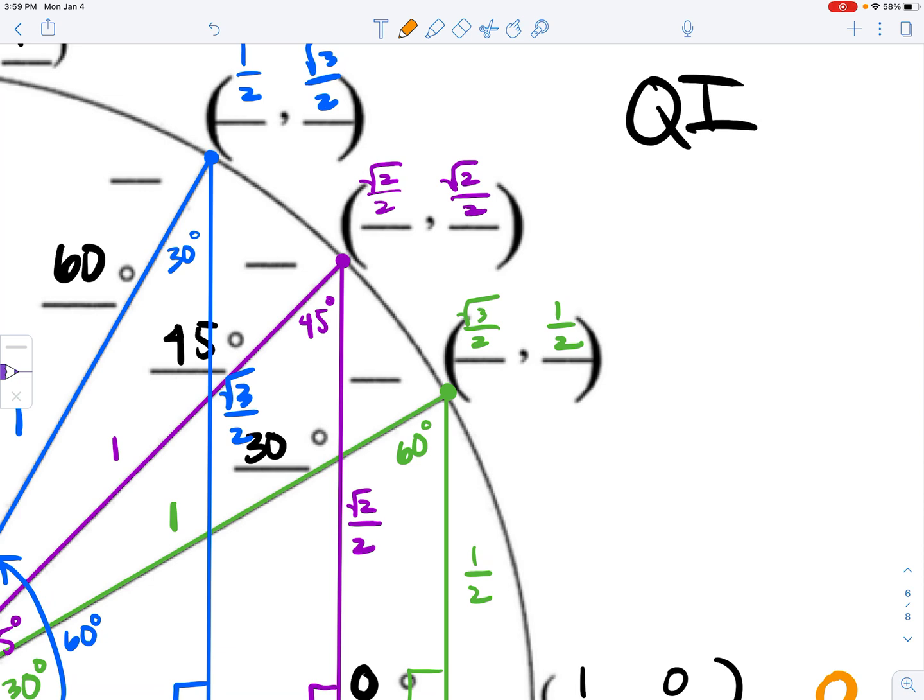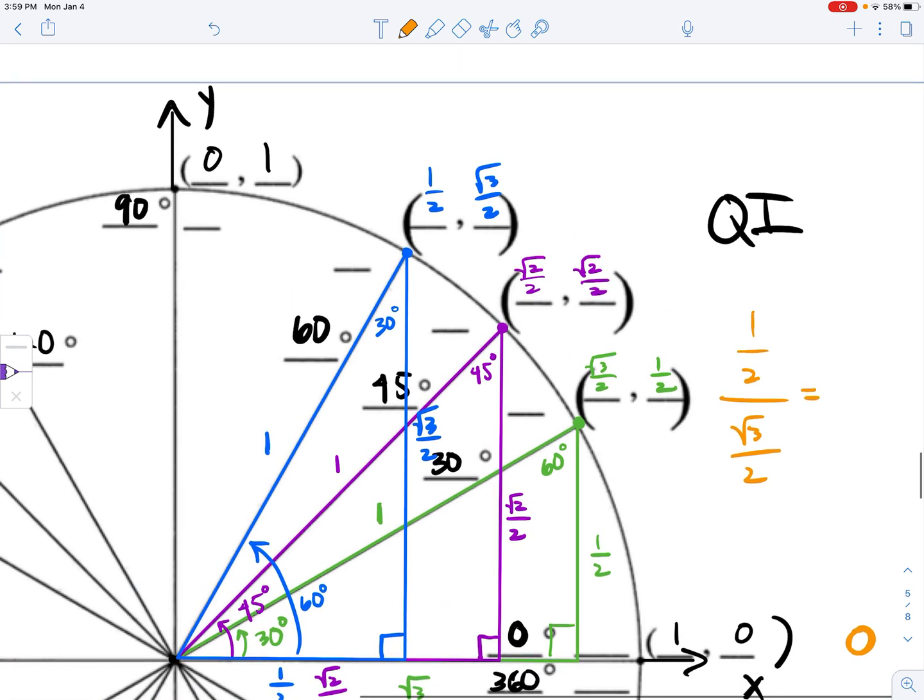So in orange, I'm filling in the values of tangent. 1/2 divided by root 3 over 2 would end up being 1 over root 3, which is root 3 over 3.